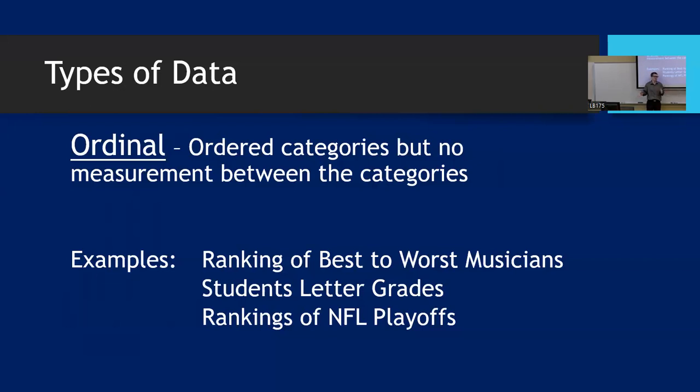Or it might be my A was like 93 and her B was like 87. Does that make sense? So if you just see letter grades, there's an order. A is better than B, is better than C, is better than D, is better than F. But we don't know how big the measurement between each letter grade is. Sometimes it can be a lot, sometimes it can be a little.